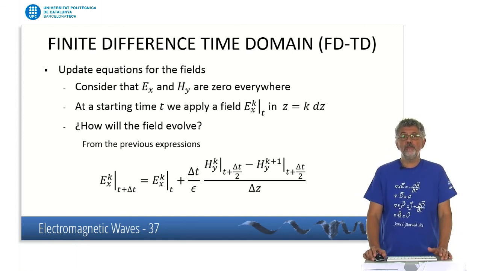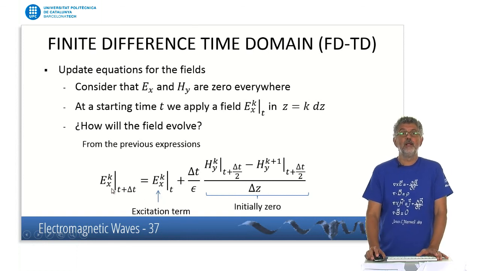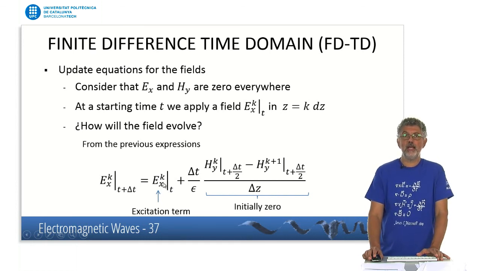Well, that's very simple, because from those numerical expressions we have, we can derive this expression, in which we can find that the value of the field in position k at a certain time t plus delta t has the following value. This term here is the excitation, which is the field we are forcing in position k and time t, plus this term here.